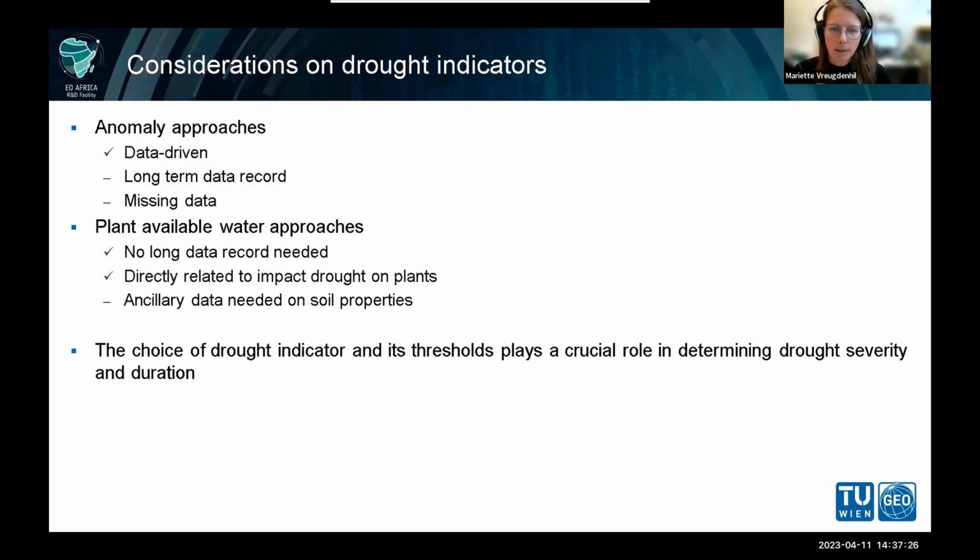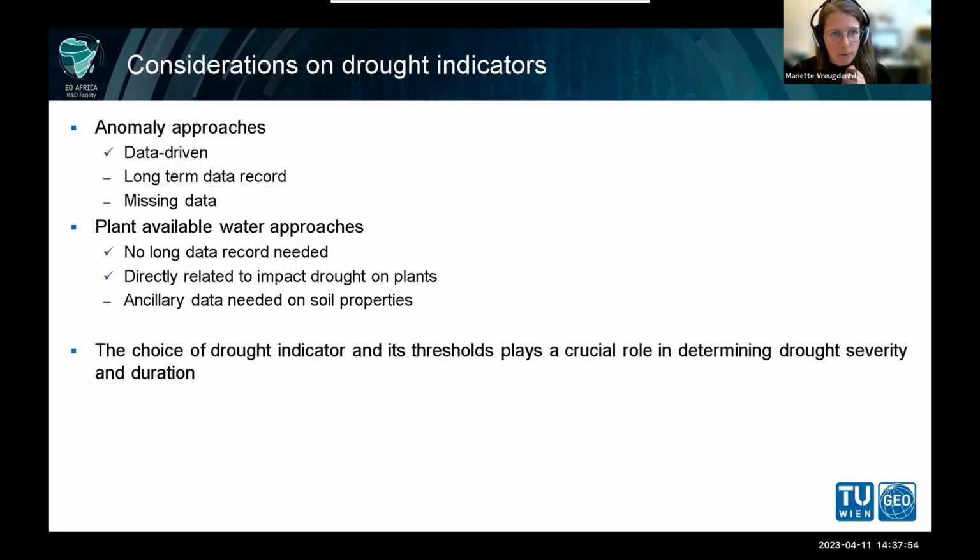So what we were talking about before with the WMO guidelines is that you need at least 10 years of data to get a period normal or period average, but preferably a 30-year-long data record, of course. The other issue that you need to take into account is how you deal with missing data, right? Because you need to calculate this period average, and here you need to think about what to do with the missing data.